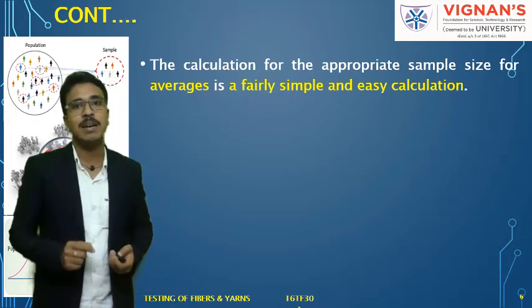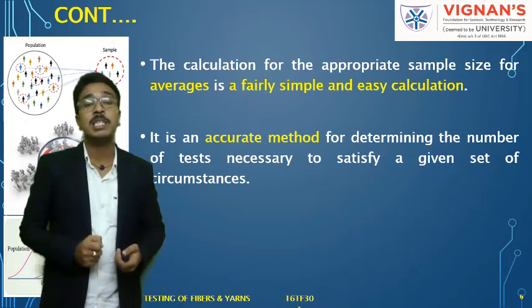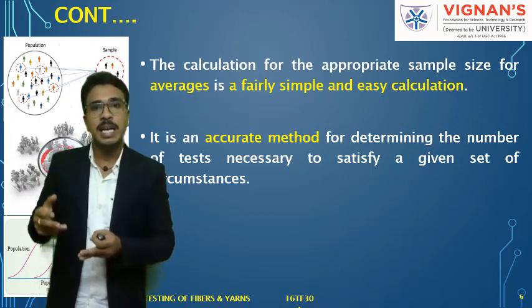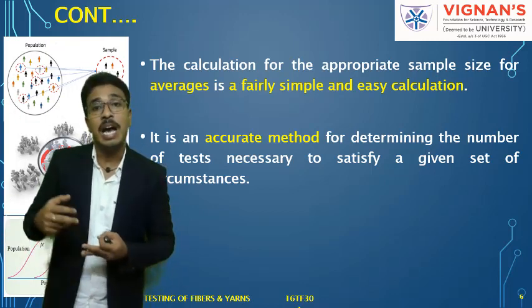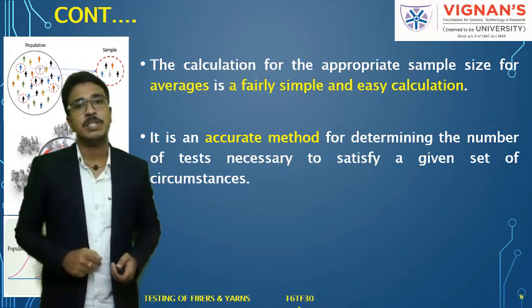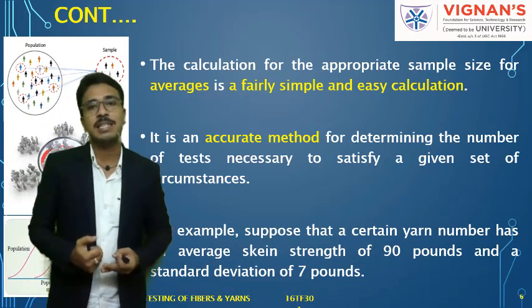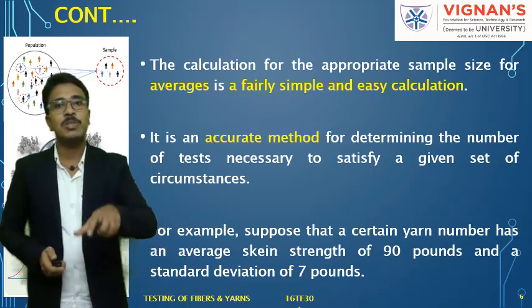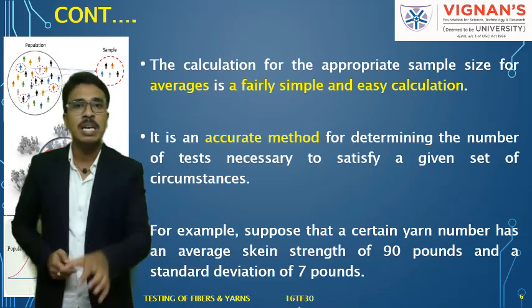Moreover, it is an accurate method of determining the number of tests necessary to satisfy a given set of circumstances, a given set of conditions. For example, we are going to see a numerical example so that you can easily understand how to determine the sample size based on the required conditions.